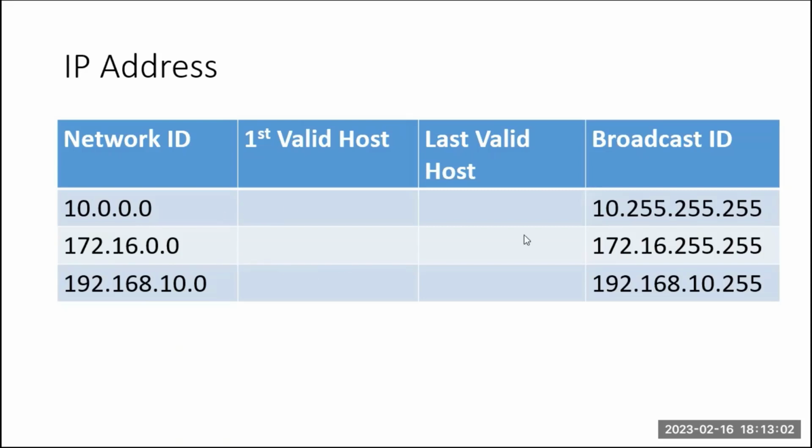Say that again, sir. Valid host. So the first valid host is going to be the number that comes immediately after the network ID, and the last valid host is going to be the number that comes just before the broadcast ID.